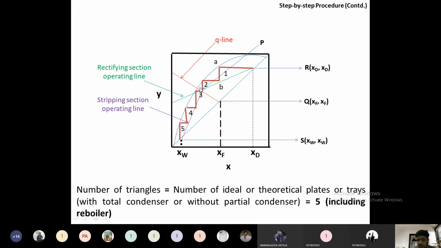So the feed plate can be located between these 2 points, 2 and 3. If this feed line is coming somewhat upside, then we can consider our feed plate at 2. Plate 2 is where our feed plate is located. If this Q line is just below this one, then we can consider our feed plate is located at 3.